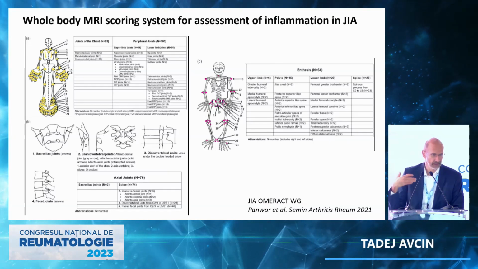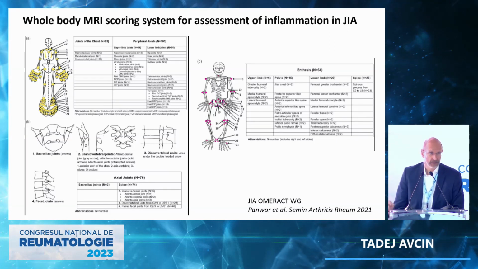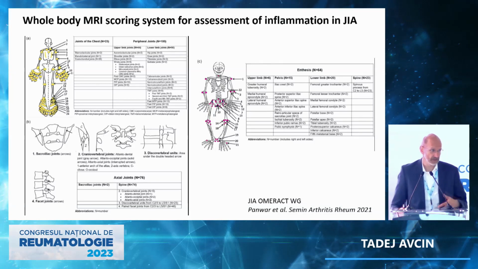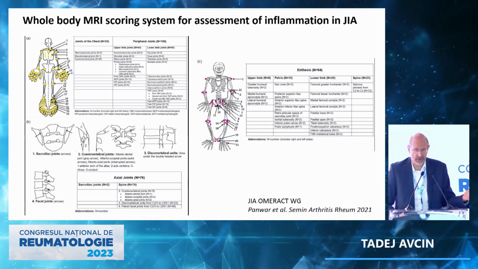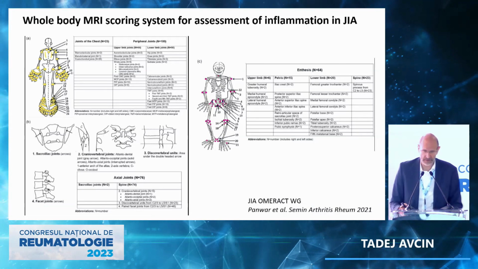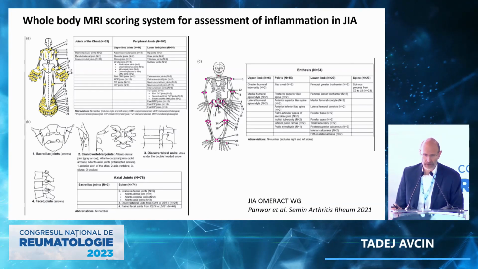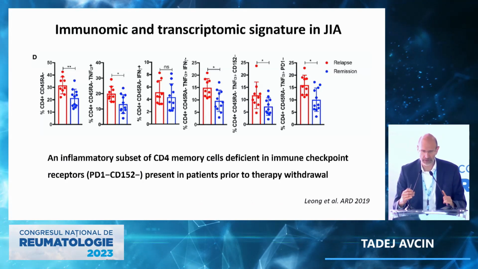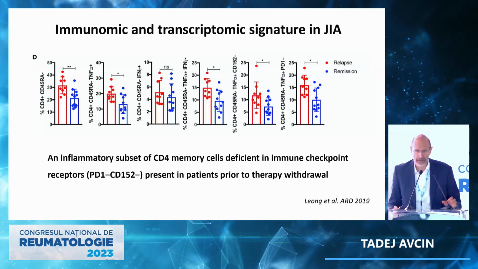Of course, this is a very precise and sensitive measure, but basically, we would not change our treatment if the patient has 6 active joints or 8 active joints, or 13 active joints. Our treatment decision would be similar with several joints involved. And I think that this is an even too thorough investigation with whole body MRI in juvenile idiopathic arthritis.